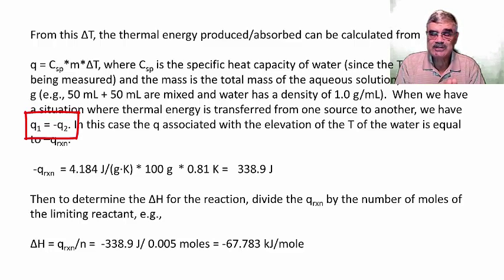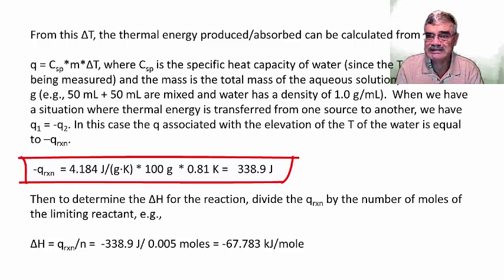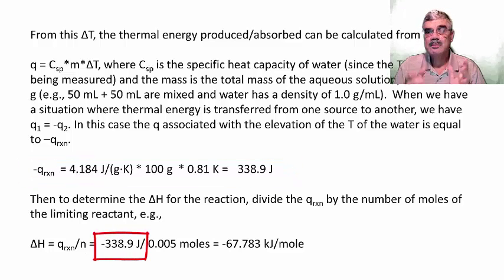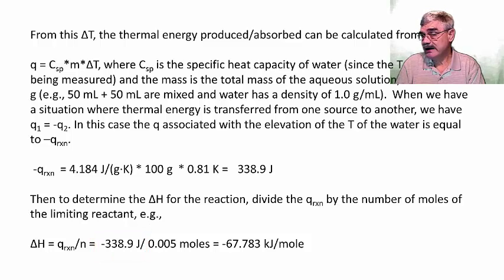So using the information we have for the specific heat of water and the increase in temperature of that 100 milliliters of water, we're identifying that amount of thermal energy as minus the Q reaction, minus the thermal energy released by the reaction. So remember that number was 338.9, so if we put the minus sign in front of it, we have minus Q of the reaction is equal to 338.9, or in other words, Q reaction is equal to minus 338.9.